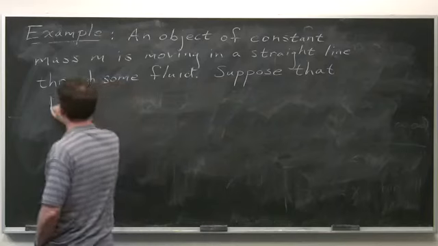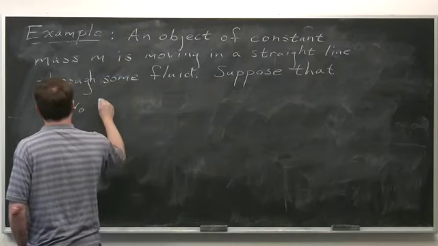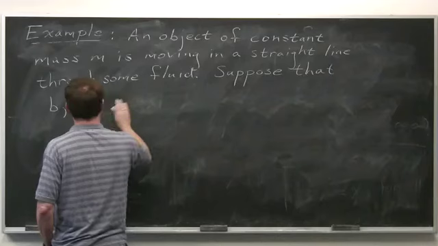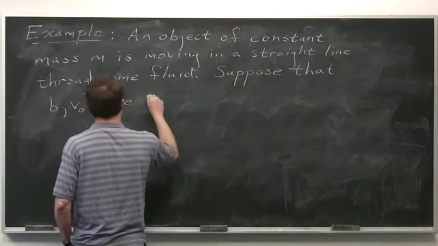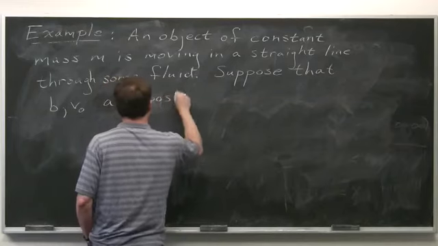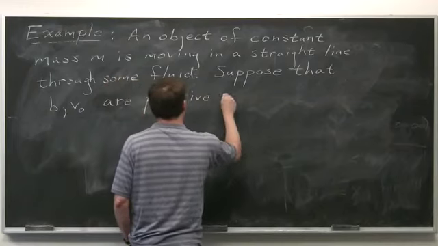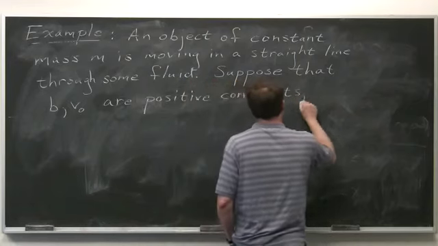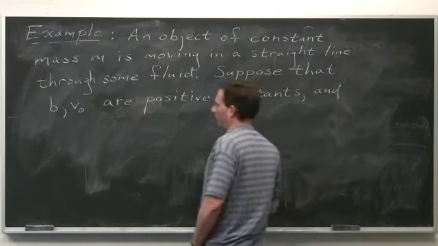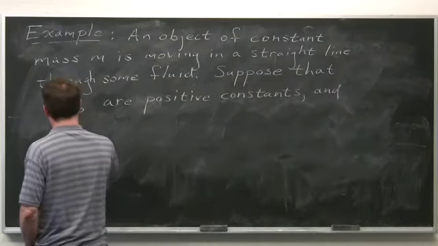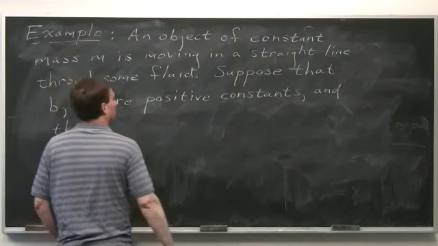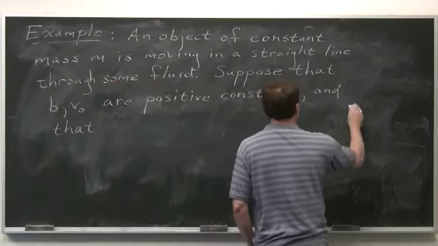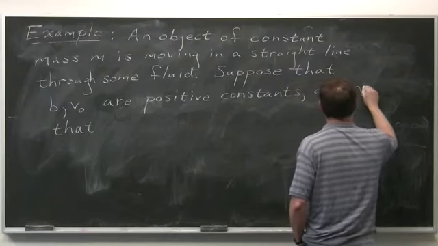b and v naught are positive constants, and that x naught is a constant, but not necessarily positive.